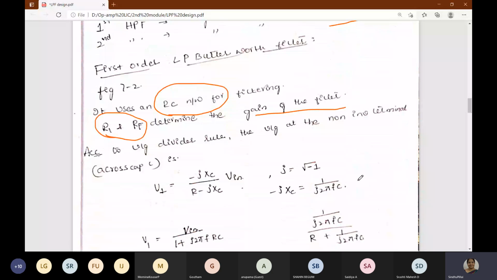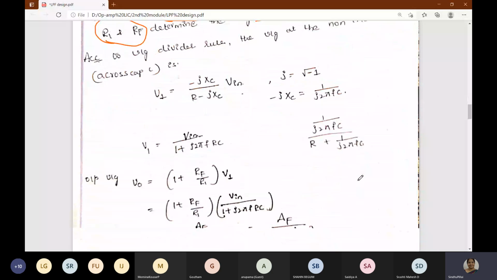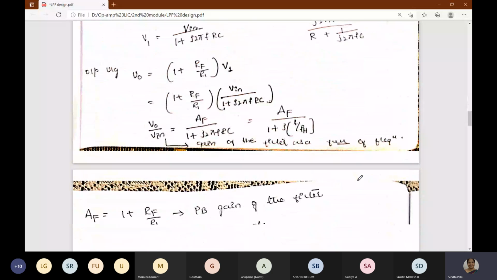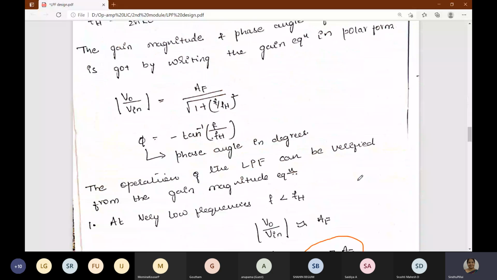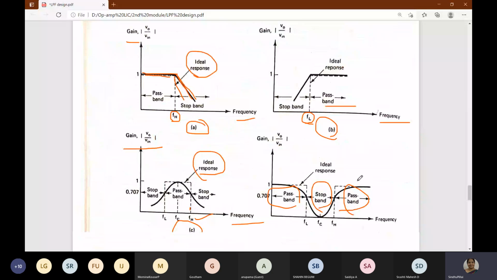To know this in detail, first we'll see the circuit diagram of the low pass filter. So this is the first order low pass Butterworth filter circuit diagram.